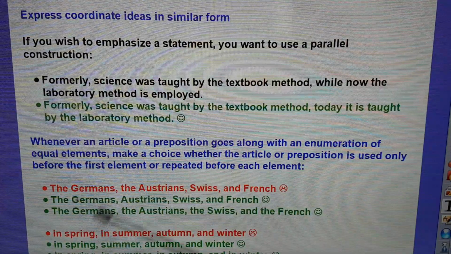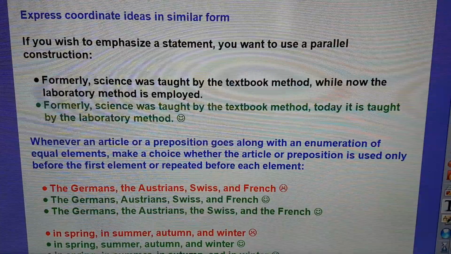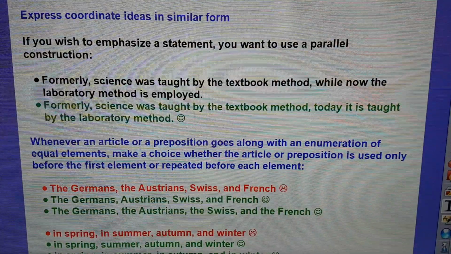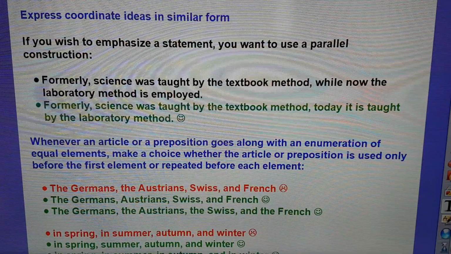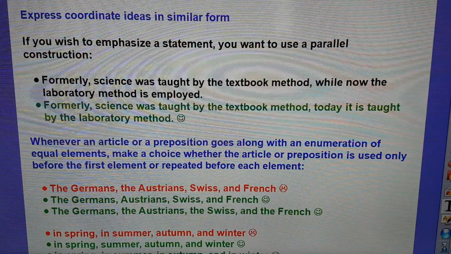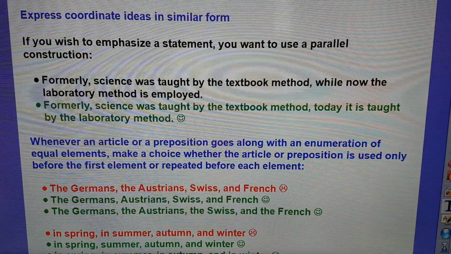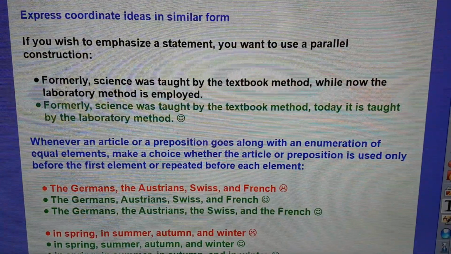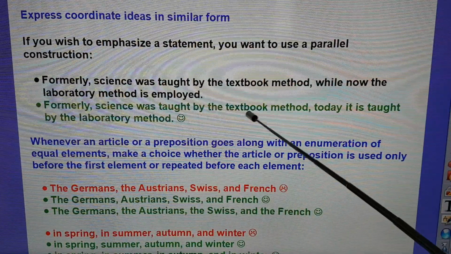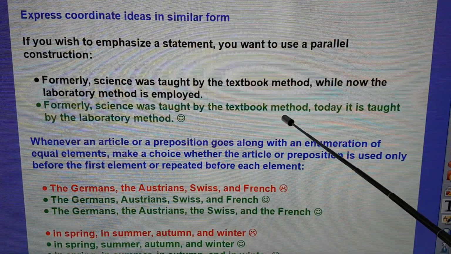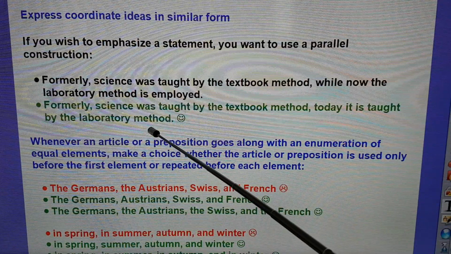Why not use a parallel structure and parallel syntax in order to make the point that in former times something was done this way, today it is done a different way. So here, formerly, science was taught by the textbook method. Today, it is taught by the laboratory method.